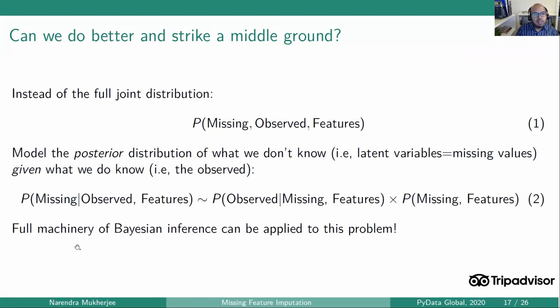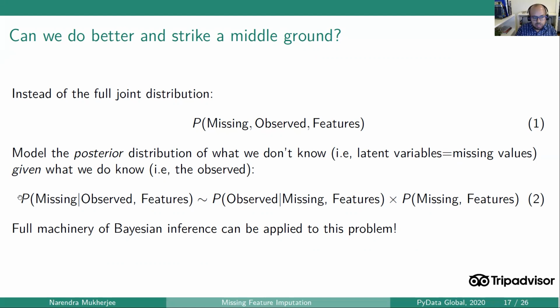So let's think of the full joint distribution, which is the probability distribution over the missing values, the observed values, and the features taken together. And then think about what we want to do. We want to model the posterior distribution of what we don't know, which are the missing values, which are the latent variables in this model as well, given what we do know, which is the observed values.